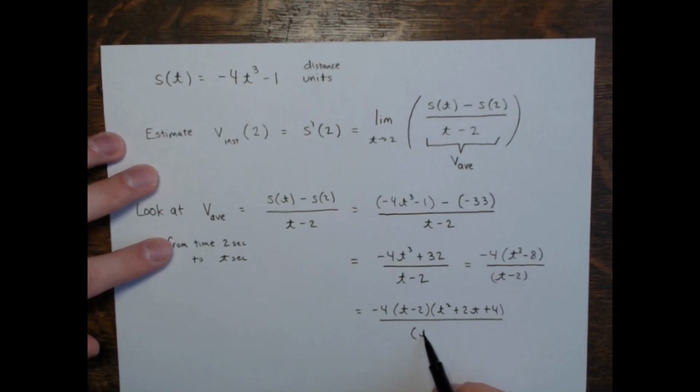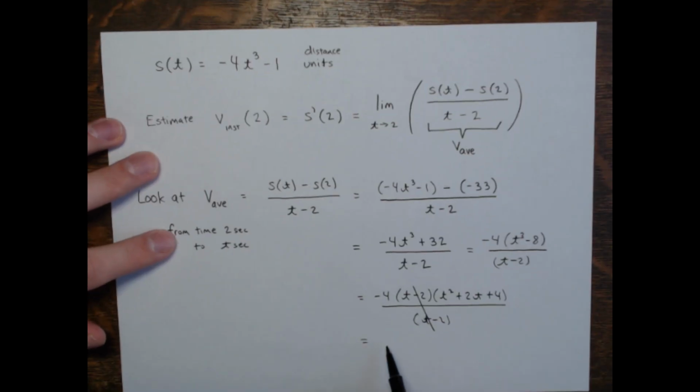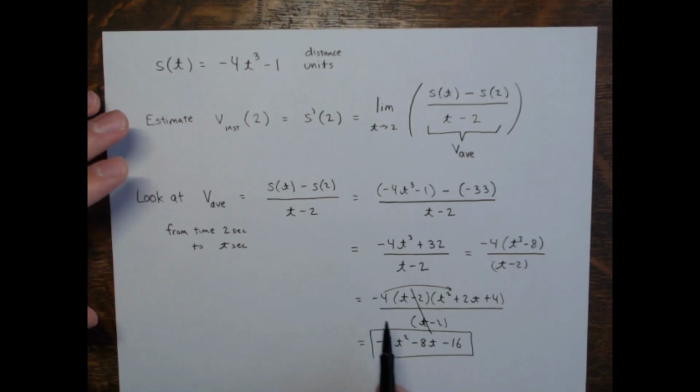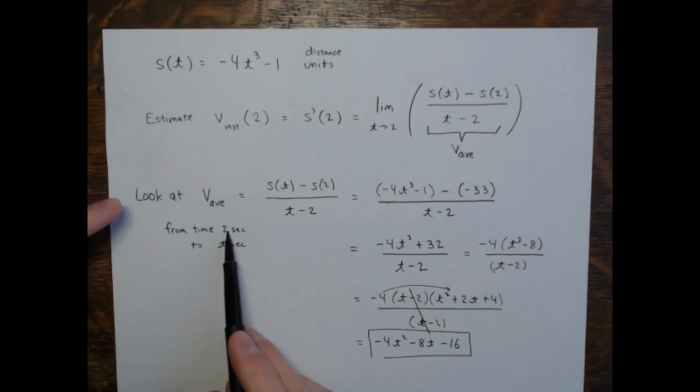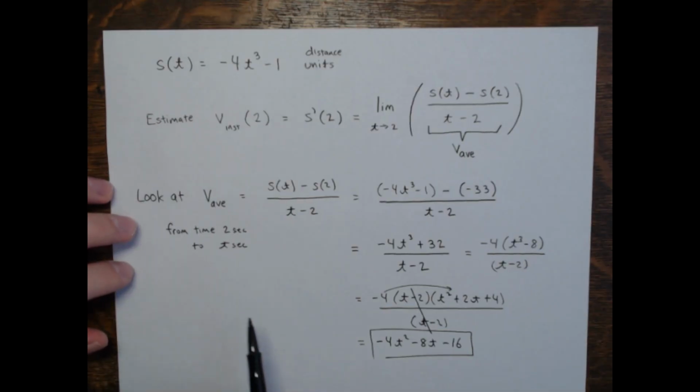Then the t minus 2's would cancel. If I distribute the negative 4 back, you get negative 4t squared minus 8t minus 16. This expression represents the average velocity from time equals 2 seconds to another time called t seconds. So I'll put both of these in and show you that they're the same.